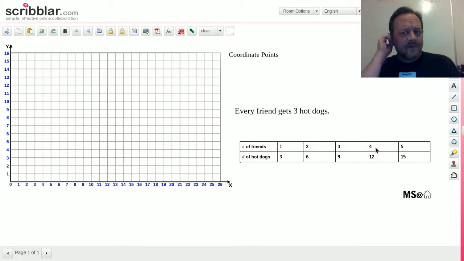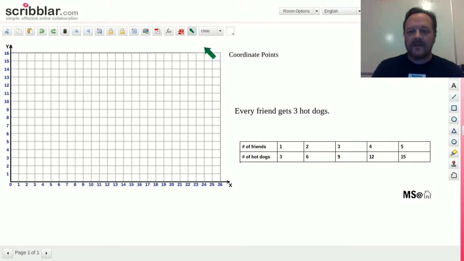What I want you to recognize right off the bat is this: when I look at the independent and dependent variable in a column, let's look at this first column, if only one friend shows up, that's 3 hot dogs. Those 2 numbers are actually the information I need to come up with a coordinate point.